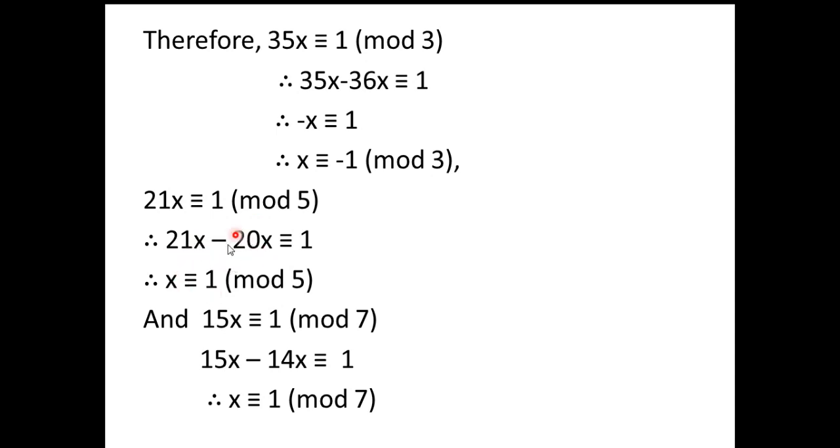We can subtract 20x from here because 20 is congruent to 0 under modulo 5, so there will be no difference. Similarly, we subtracted 36 from 35 because 36 under modulo 3 is 0, so that will not affect my congruence.